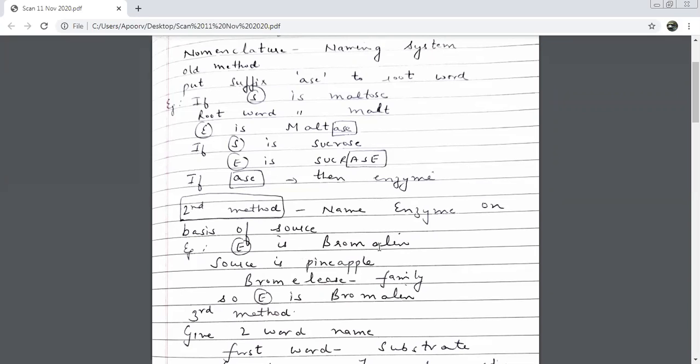It is extracted from pineapple, and we know that the family to which pineapple belongs is Bromelaceae. So the source was brom, we have taken this name from here and it has become bromelain. No need to learn these examples. I'm again telling you, these examples are just there so that you can understand the system of naming them.